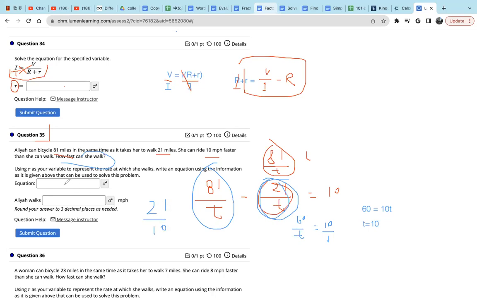Oh, we need to write down the equation. So that's the equation: 81 divided by t minus 21 divided by t equals 10. So she walks 21 divided by 10, this is 2.1. 2.1 miles per hour.